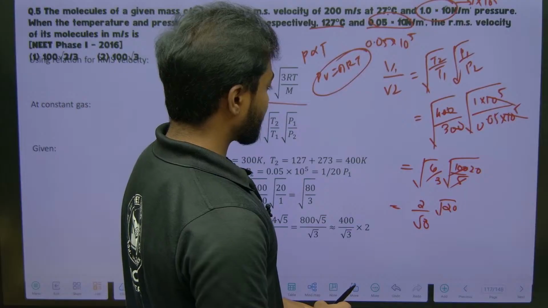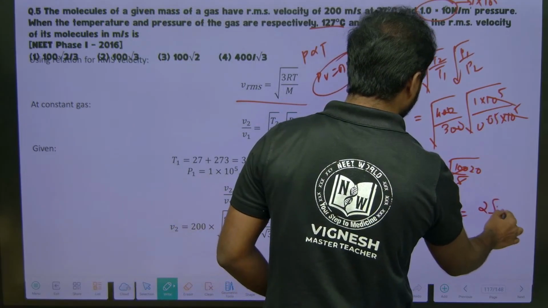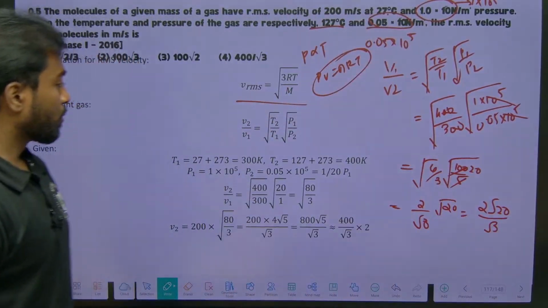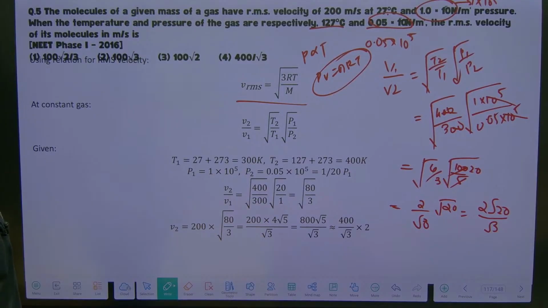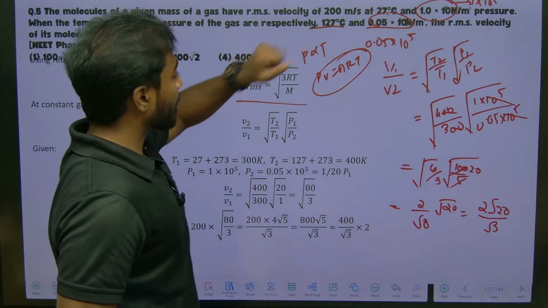We can write this as 2 into root 20 divided by root 3. Is anything else given? Yes, V1 is given.